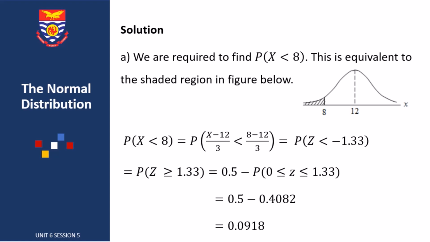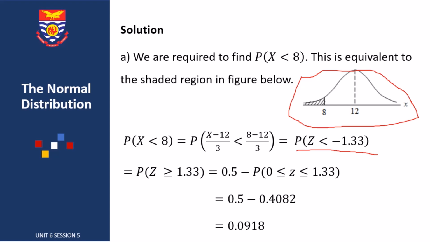As you can see, I've introduced the graph and the table there. So ours is to solve z less than minus 1.33. Of course, you know how it is done. That will be 0.5 minus P of 0 less than z less than 1.33. 1.33 should be read from the table.